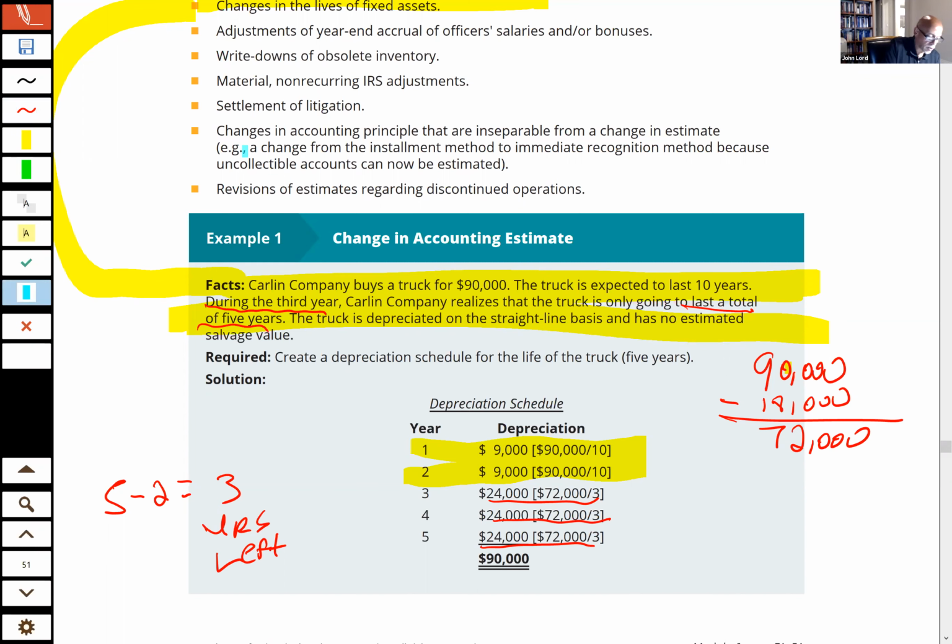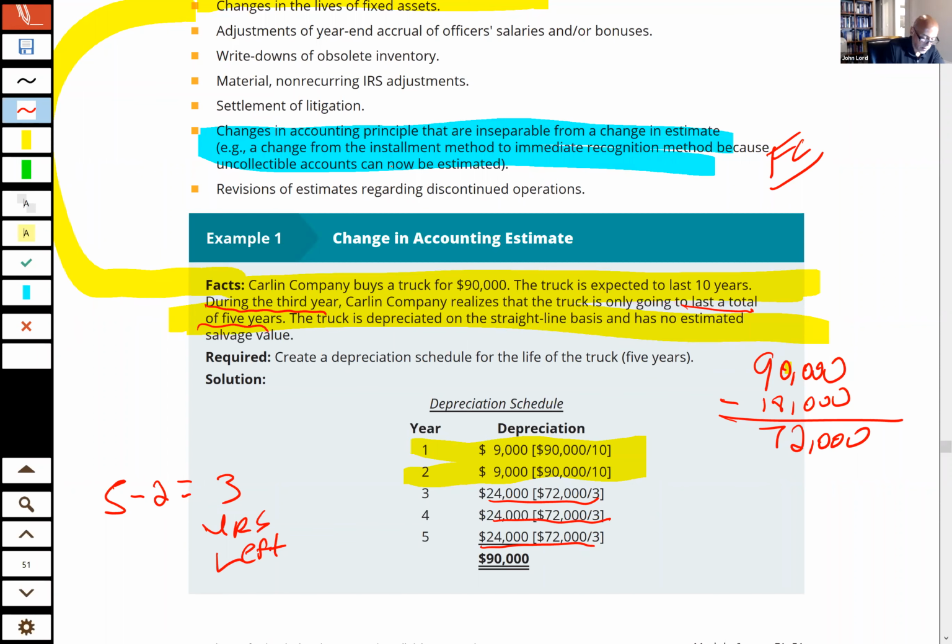Okay, now flashcard this up here, and this is a little bit irritating, but go ahead and flashcard this. Changes in accounting estimate that are inseparable from a change in accounting principle should be treated as a change in accounting estimate.